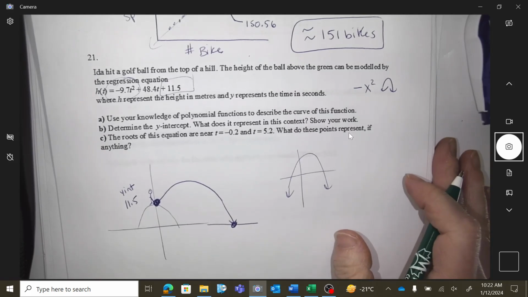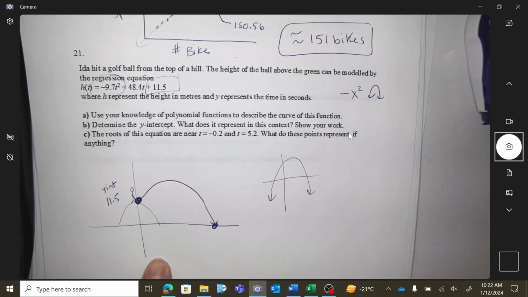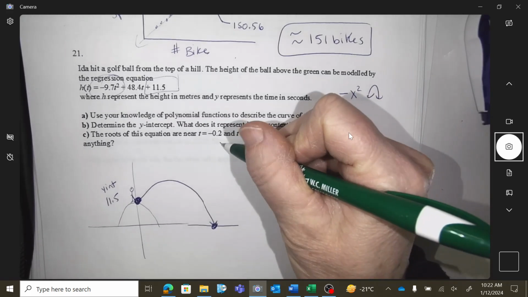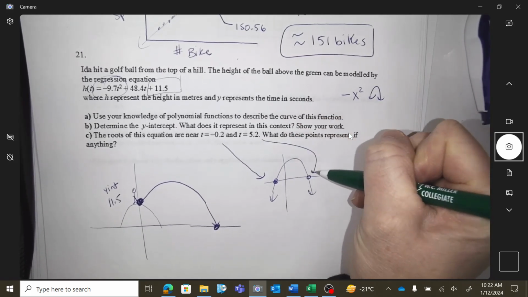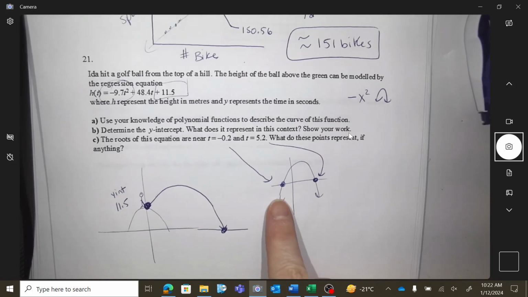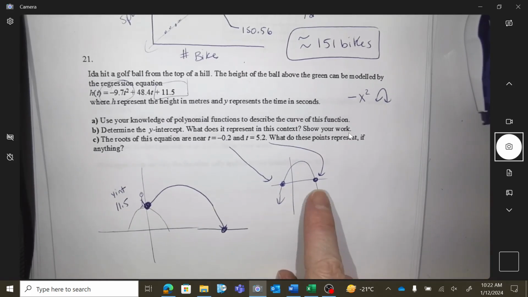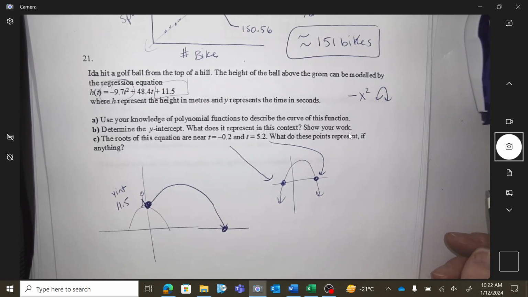So obviously if this was on a calculator, do you all understand that it would give you the whole thing, right? It's not stopping. So it says the roots to these equations, so that's the roots, are negative 0.2 and 5.2. What do these points represent, if anything? What did you say, time? Is that what you said? Yeah. Time of what?